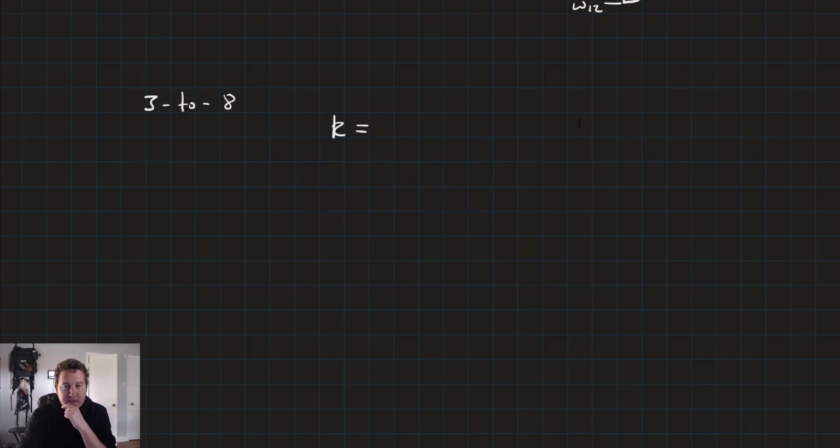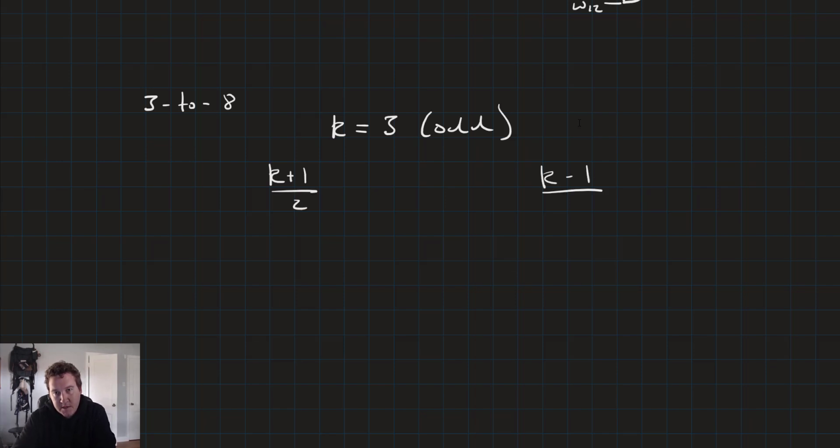Now the 3 to 8 has k equals 3, which is also odd. So we'll also have a k plus 1 over 2 and a k minus 1 over 2. So k plus 1 over 2 is going to be 3 plus 1 over 2 is equal to 4 over 2 is equal to 2.